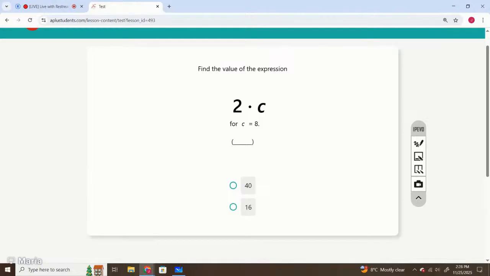Find the value of the expression 2 times c for c equals 8. 2 times 8 is 16. Option number 2 is the correct option. Find the value of the expression 3 times g.